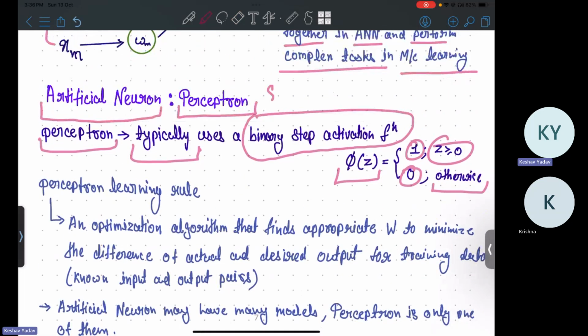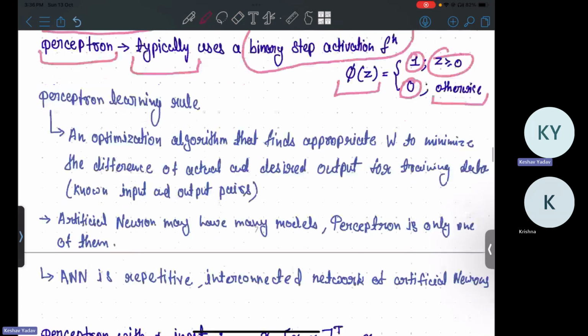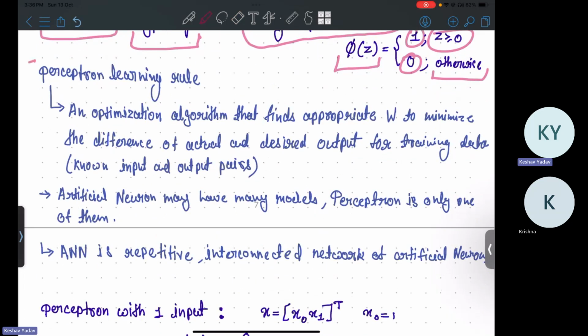So this perceptron can be used for classification problems. What will the learning rule for this perceptron be?